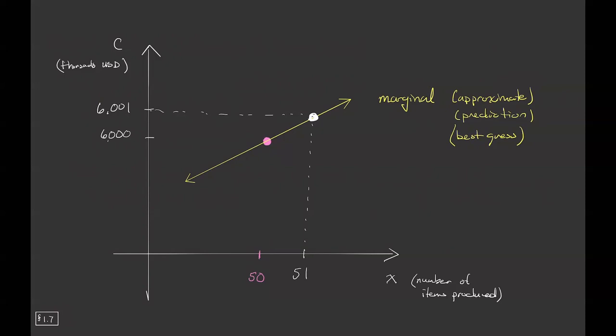And you would ask this because it may just happen to be that for whatever reason, if you produce one more unit per year or per month or per whatever time cycle, maybe it will increase the cost by a ton. Or maybe the cost will hardly increase at all. So there's a variety of things that could happen.